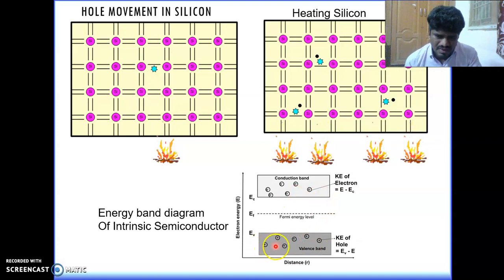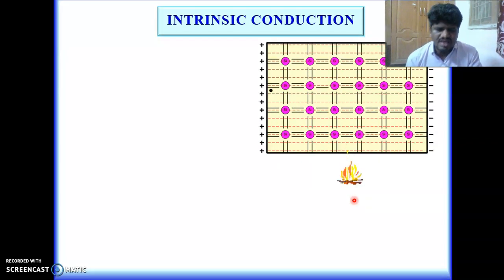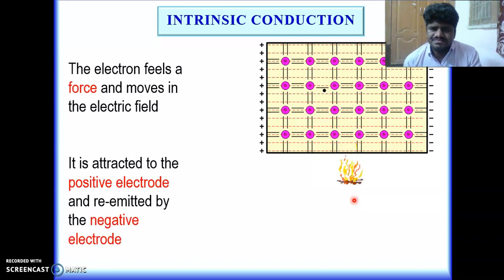The same number of holes are generated by exciting the same number of electrons to the conduction band. These are responsible for the conduction of electricity in semiconductors, especially intrinsic semiconductors. Both holes and electrons are majority carriers.